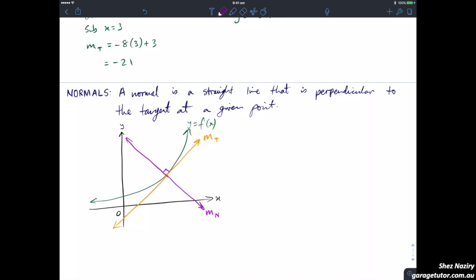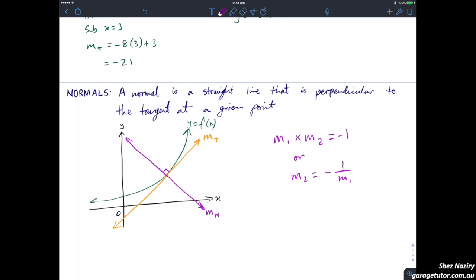I'm sure you all understand what the n is for: the gradient of the normal. Now, what's the rule for perpendicular gradients? Who remembers? Yes, so that's the trick. The mathematical definition: m1 times m2 is negative 1, or you can also say m2 is negative 1 over m1.